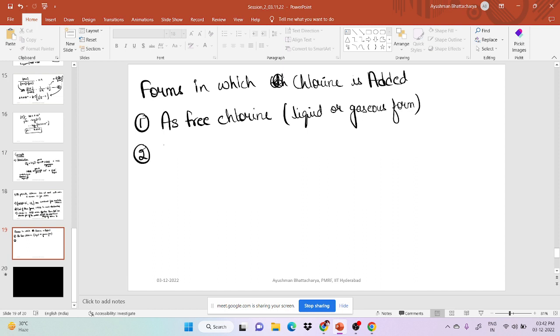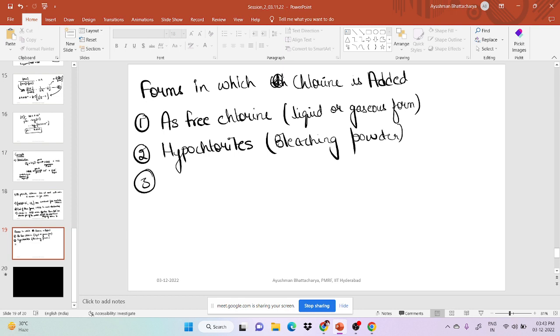Second is hypochlorite, that is, bleaching powder. Third is chloramines, from ammonia and chlorine.